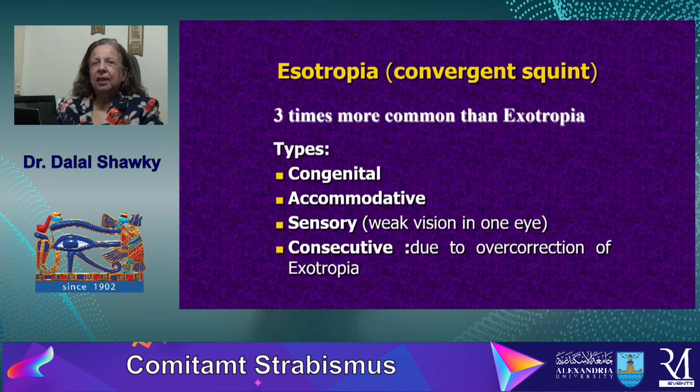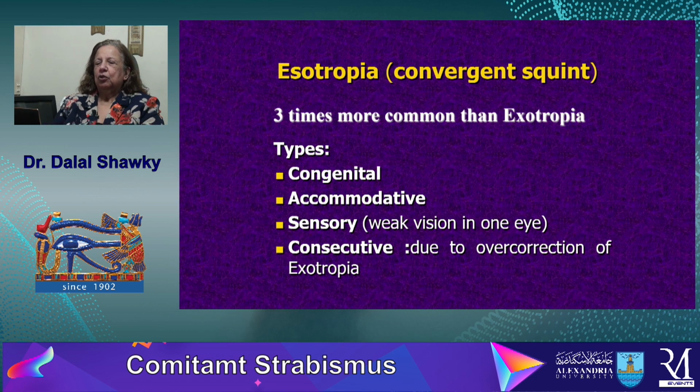Now, esotropia or convergent squint. In literatures before it appeared, it was detected 3 times more than exotropia. But now, more and more of literature are speaking about the exotropia, constant type, intermittent type, so these numbers can be changeable.